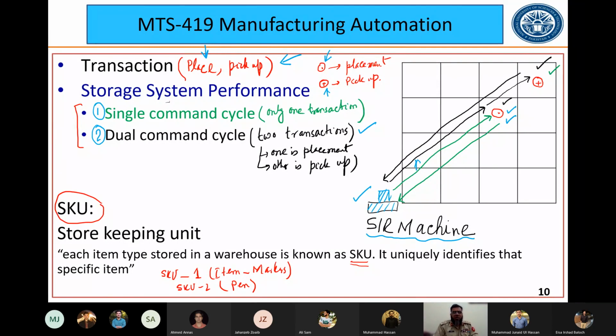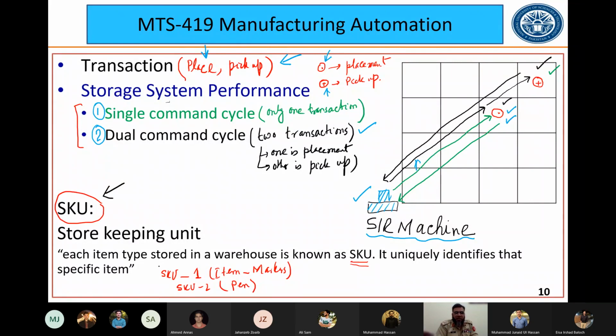I am also introducing another terminology which is called SKU, store keeping unit. Each item type stored in a warehouse is known as an SKU. It uniquely identifies the specific item.